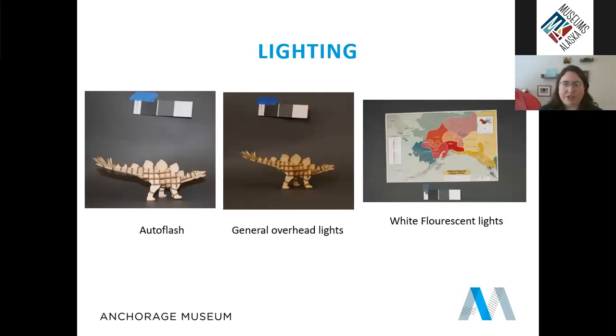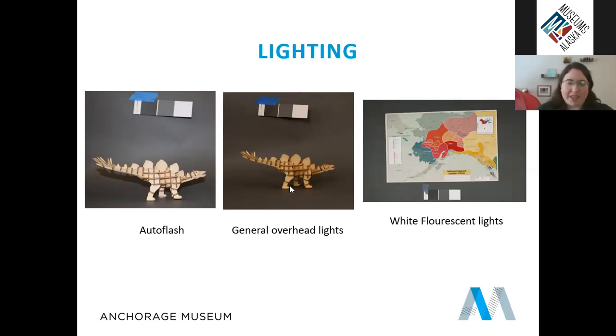And I also wanted to show some examples of how different lighting hits your objects in different ways. I said before, I wouldn't use the flash personally, because you can see here it gets really spotty and it washes out the object. This was just with the general overhead lights, and I'm sorry that these all aren't consistent.